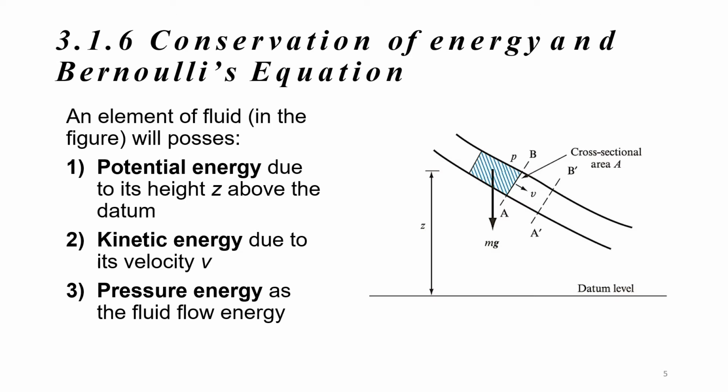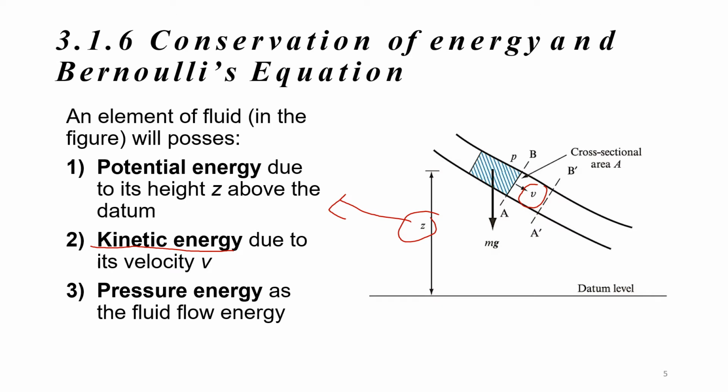Potential energy is due to the elevation Z. When there is an elevation, of course it has potential energy. Next is kinetic energy. Kinetic energy occurs due to velocity V. So when the fluid starts moving, it can cause kinetic energy.